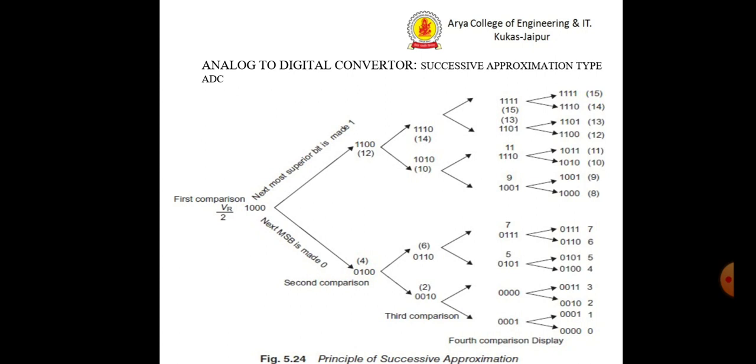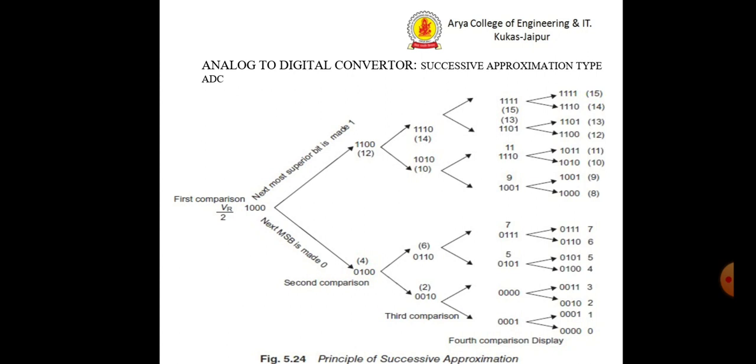The comparator is used to compare the input voltage and a sequence of voltages which are binarily related. Initially, the input is compared with VR by 2, where VR is full scale input voltage.